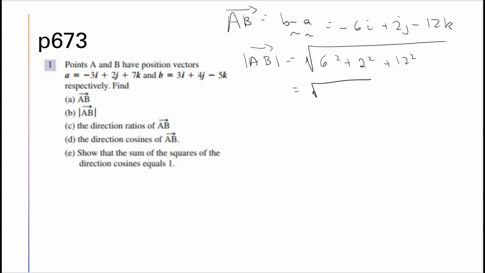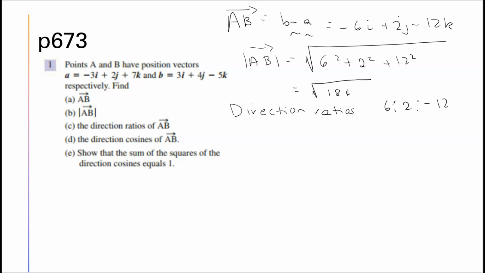And the direction ratios would be 6 to 2 to -12. That's coming from B minus A.